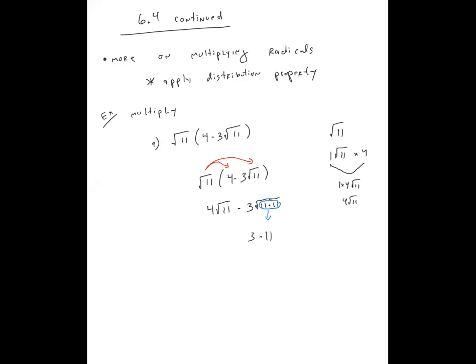We bring everything else down, and all we have left now is to multiply this 3 times 11. That gives us a negative 33. We bring everything else down. Let me clean that up a little better. These are unlike terms, we can't do anything else, so that's our answer. Any questions with that example?